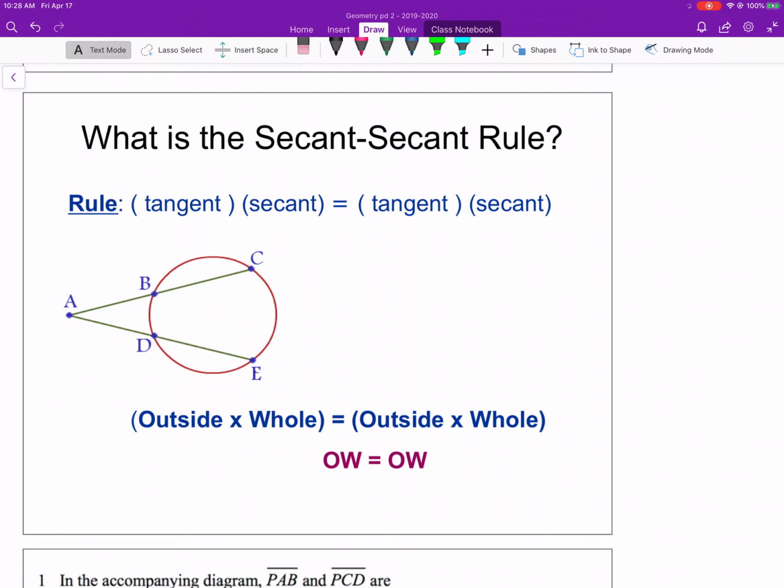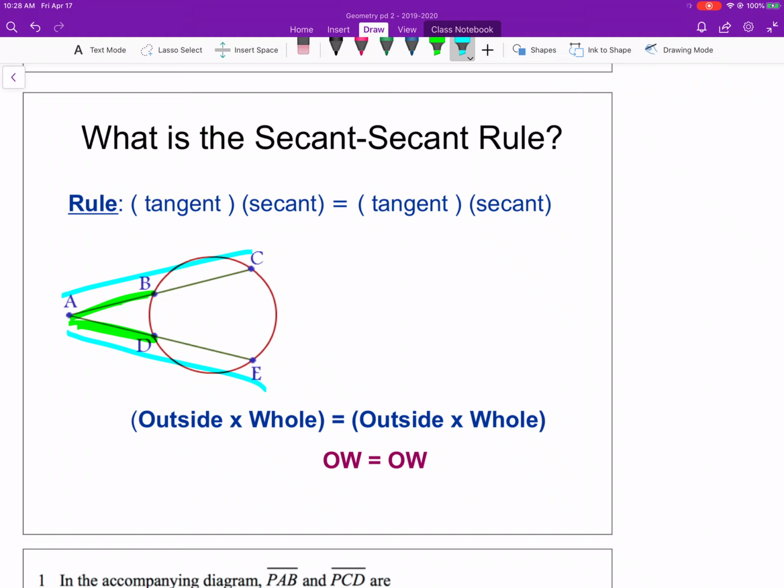It's the tangent times the secant is equal to the tangent times the secant. Now, you might be saying, where's tangent coming from? Those are two secants. Well, the tangent is just AB. The secant is the entire piece here, AC. The tangent is just from down here, AD. The secant is A through to E.